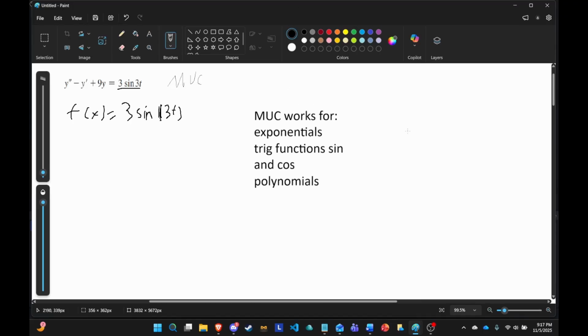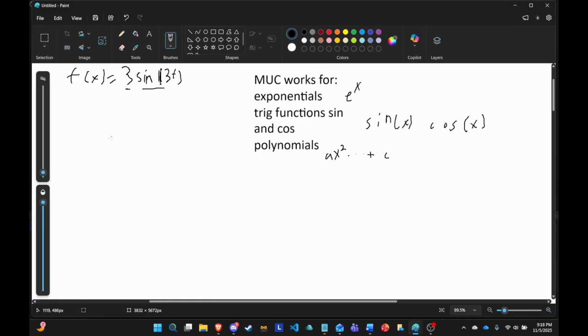So this would be something like e to the x, just sine of x, cosine of x, and polynomials would be any group of terms like that. As you can see, this is a constant and technically a polynomial, but it's also a constant. And then this is a trig function, so we can use the method of undetermined coefficients.